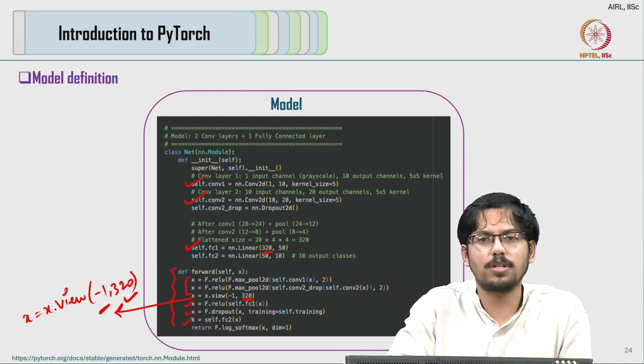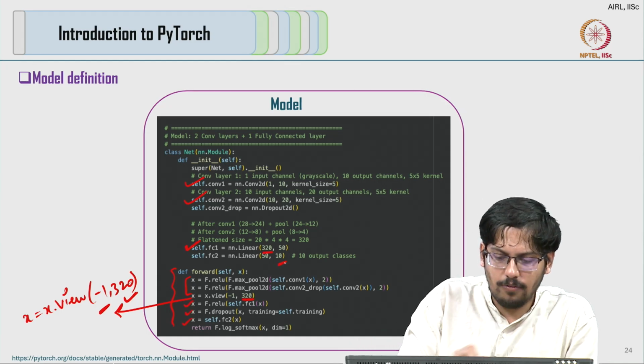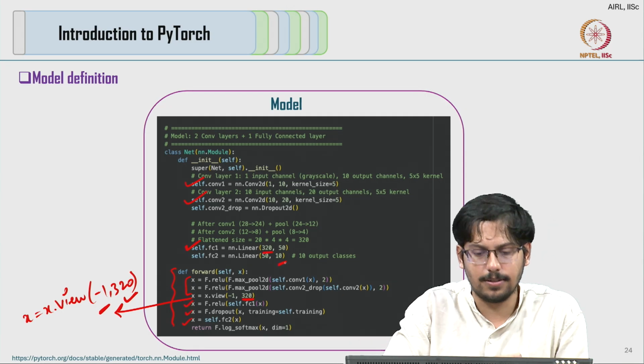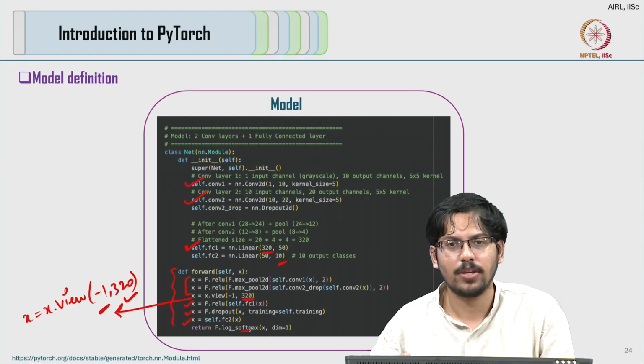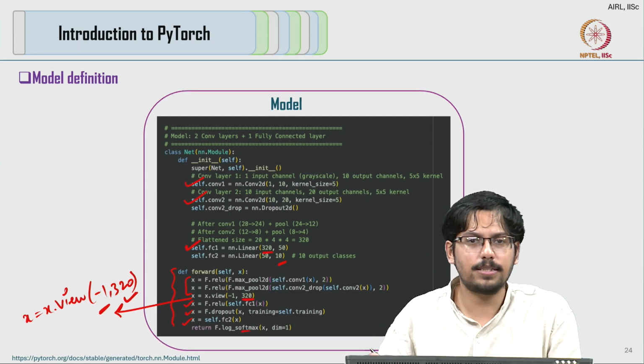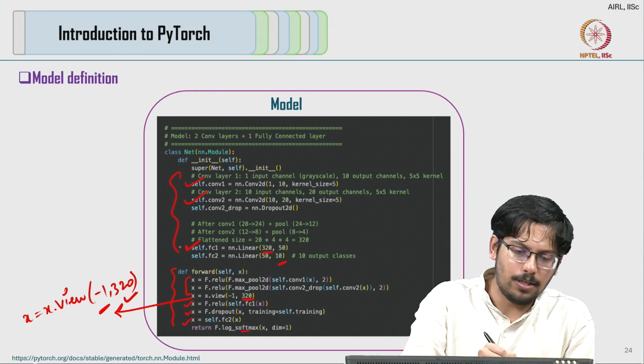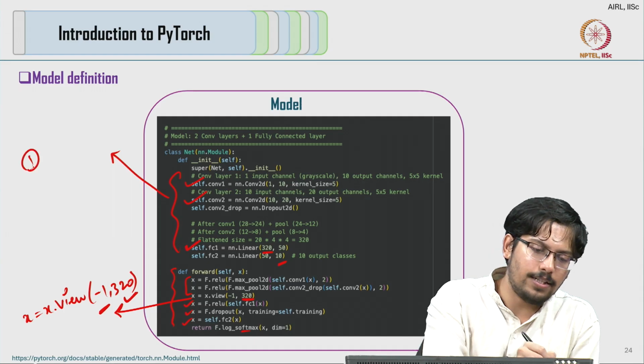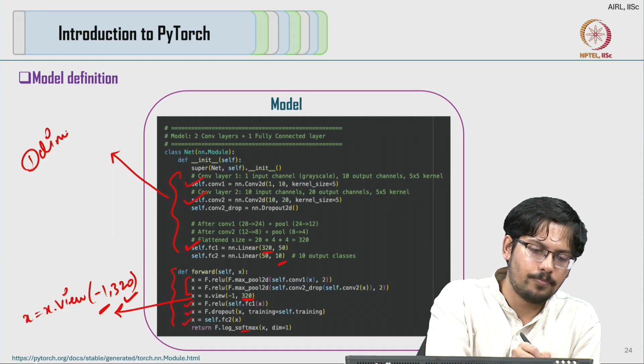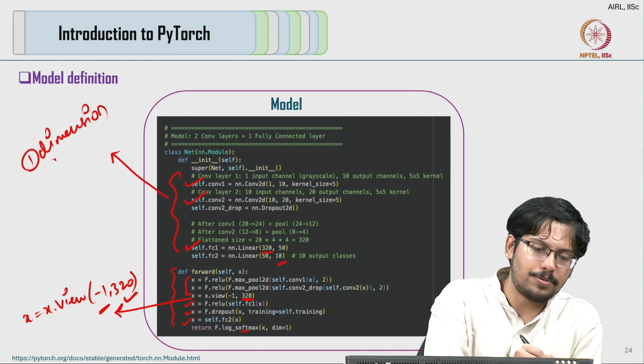Now, if you again observe FC2, the output of FC2 is 10 because of 10 output classes, and finally we pass it through softmax. An interesting part is that once we finish the backbones lecture, we would be able to define the dimensions of feature maps at various levels.